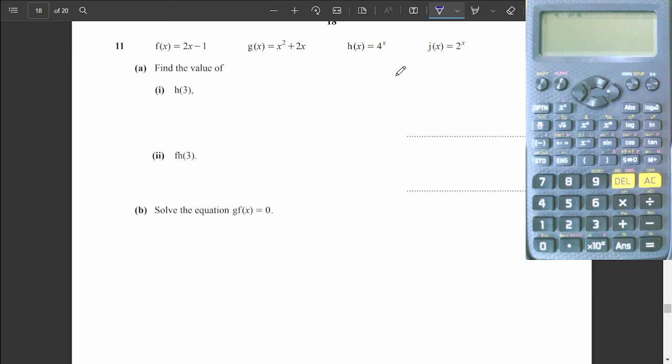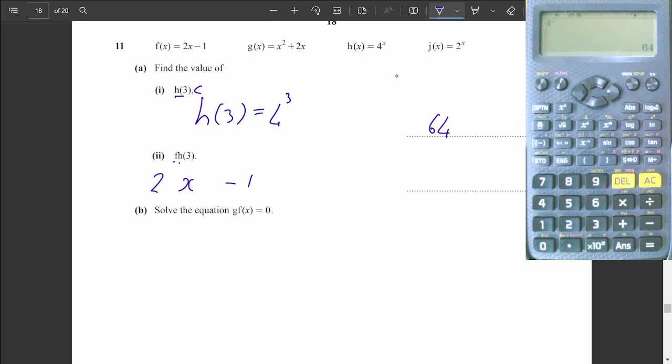Question 11, let's have some fun with functions. First is the function of h. So let's see what the function of h is: 4 to the power of x, but they have now changed the x for a 3. So that means it's power to 3. 4 cubed equals 64. Next one, let's write down the function of f. That's 2x minus 1.